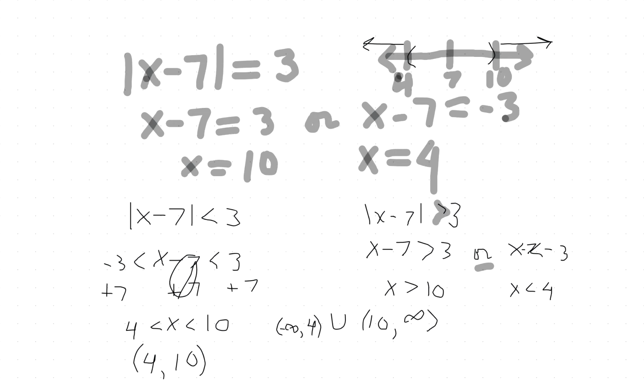So just to recap, if your absolute value is equal to some number, you write the first equation as is. The second one, you put a negative on the constant here. If it's a less than, you're going to take what's in the absolute values and put it in between the constant and its opposite.